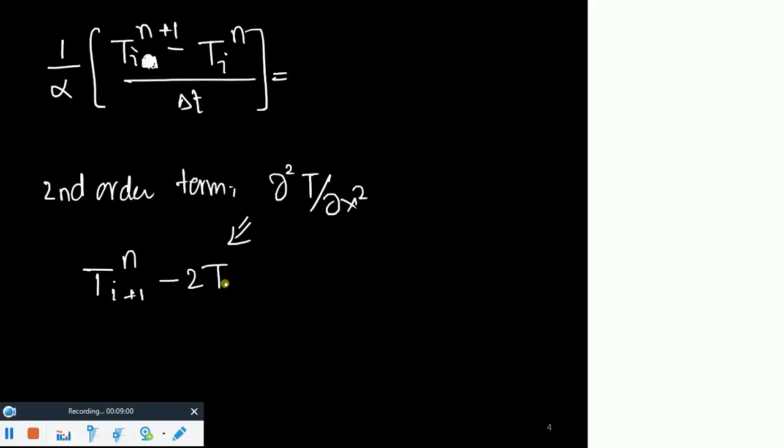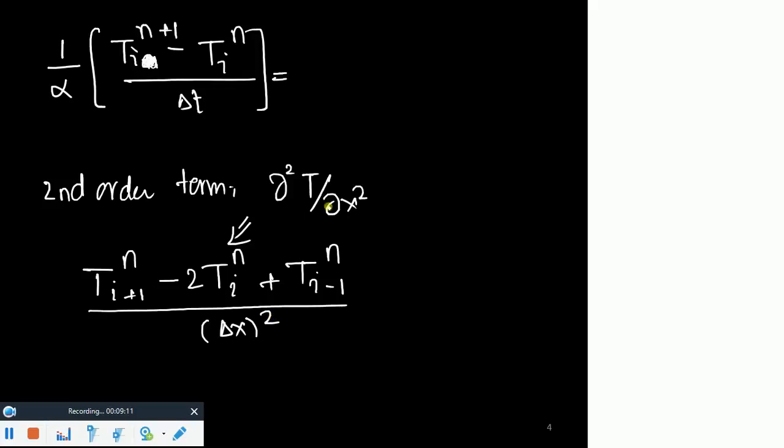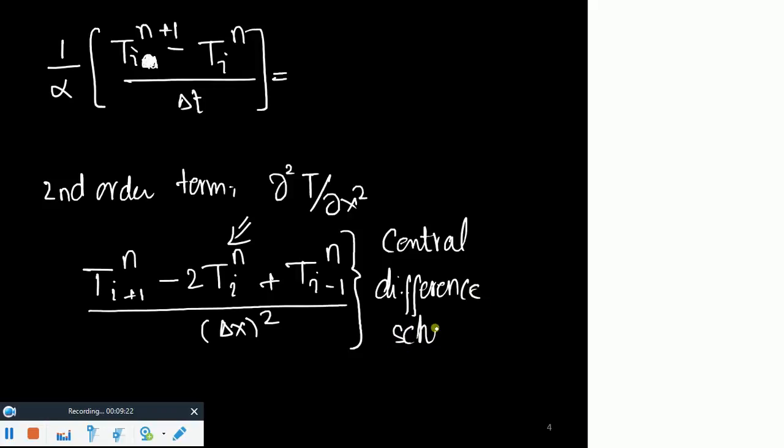So ti plus 1 n minus 2 ti n plus ti minus 1 n over del x square. And this finite difference approximation, or the numerical approximation, is known as central difference scheme.